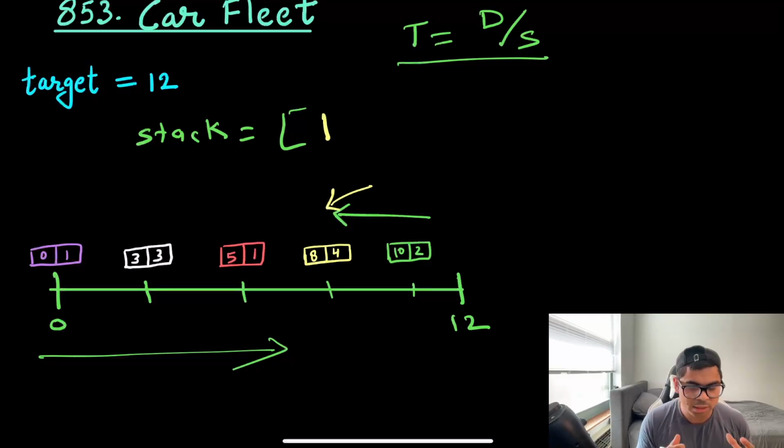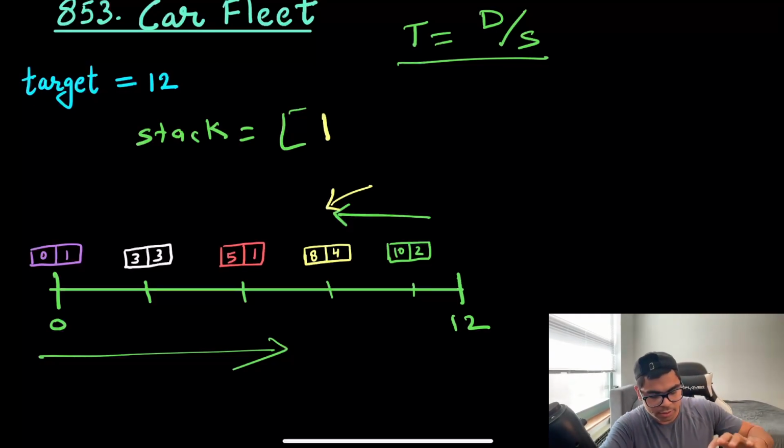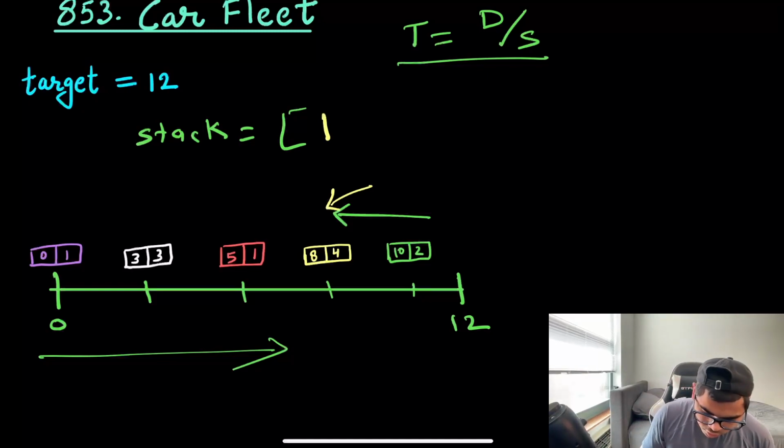Now based on the time, we will know the time they are going to take right now from this position to reach 12. All right, so we have done for the last car, which was on position 10. Now I know it's taking time 1.